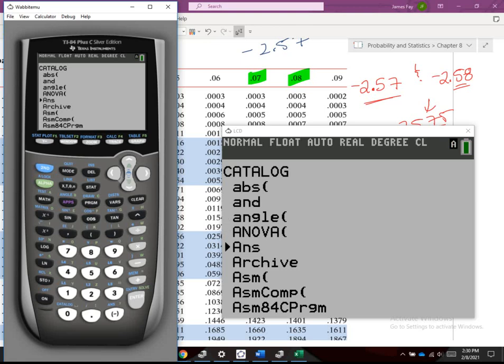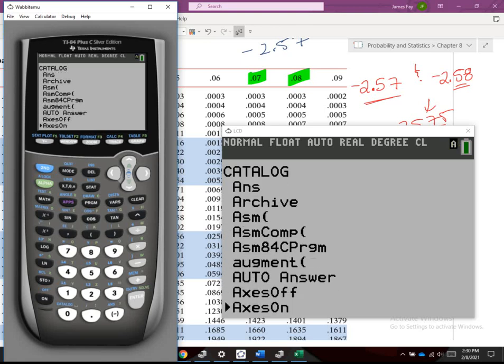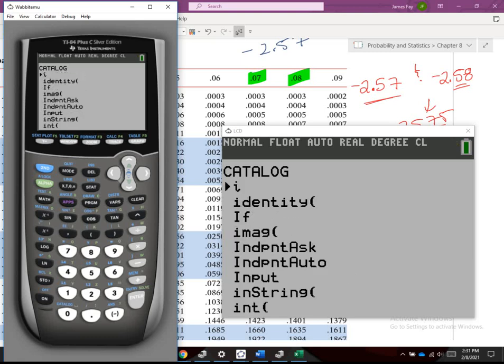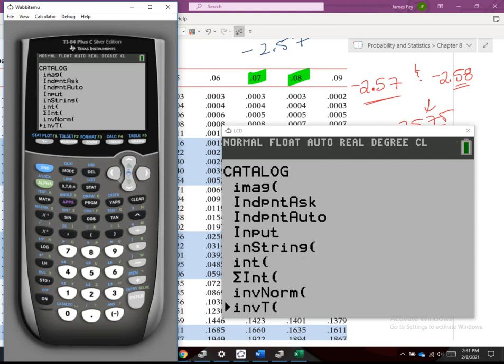Every function throughout your calculator is then listed in alphabetical order. So if I wanted to find inverse norm, I just have to scroll to the i's. What is nice is that you should be able to click on alpha and then I, and it'll take you to the i's, and then just scroll down to find inverse norm.